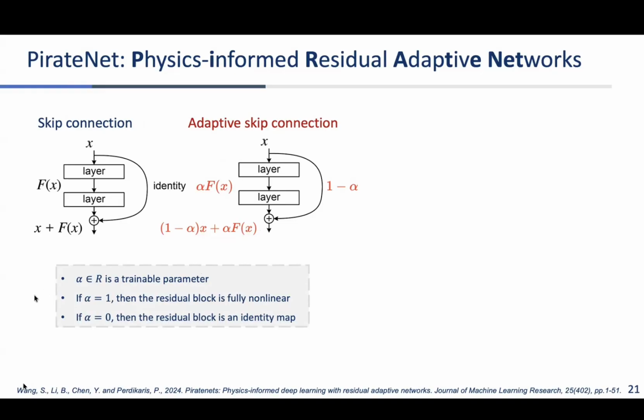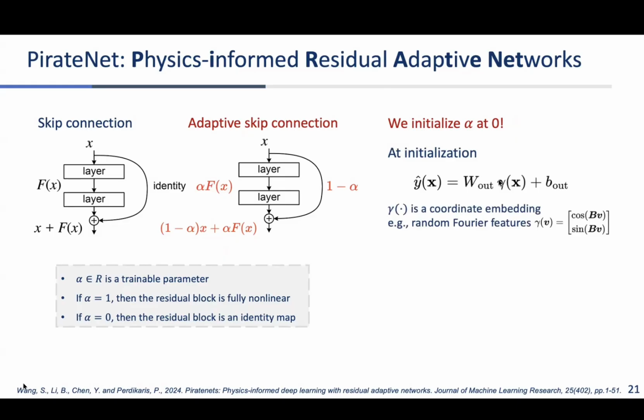We use this alpha as a trainable scalar parameter, and there are two important properties. Number one, when alpha is equal to 1, then this residual block will be fully nonlinear. When alpha is equal to 0, then this residual block will be an identity map. What's important is that at initialization, we initialize all alphas at 0. As a result, at initialization, the network output will be a linear combination of the coordinate embeddings, let's say the random Fourier features.